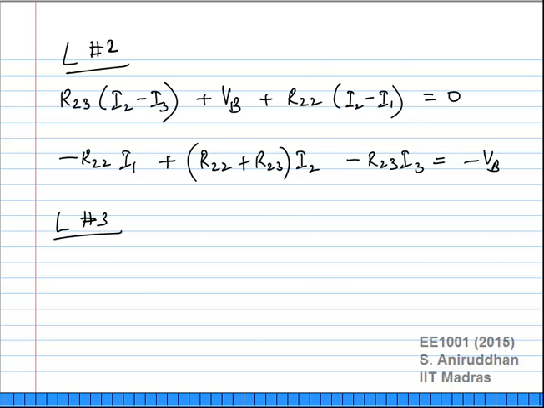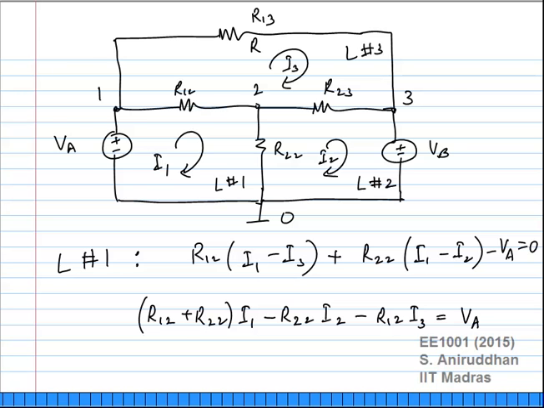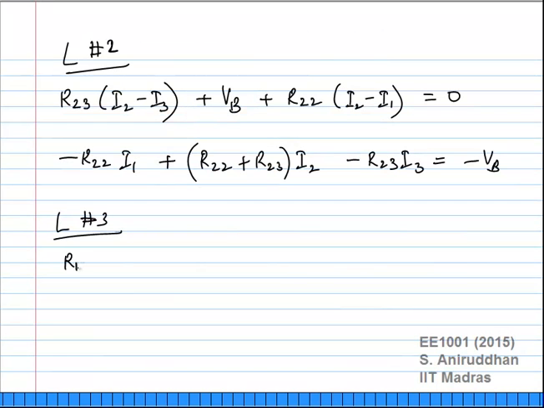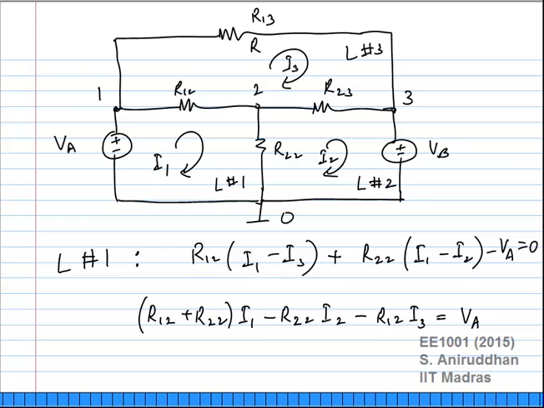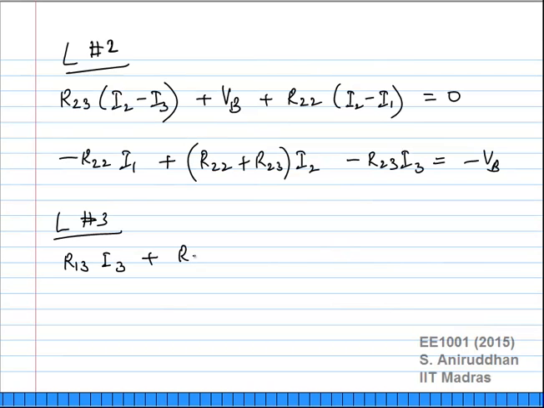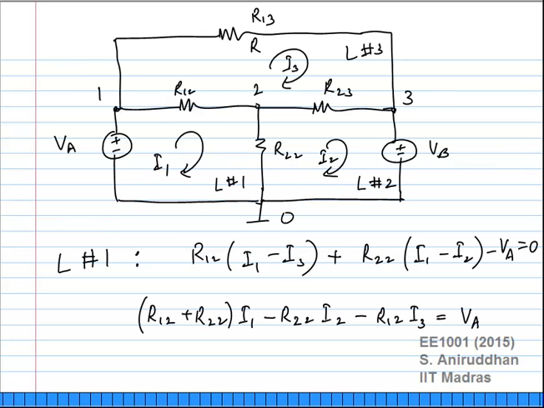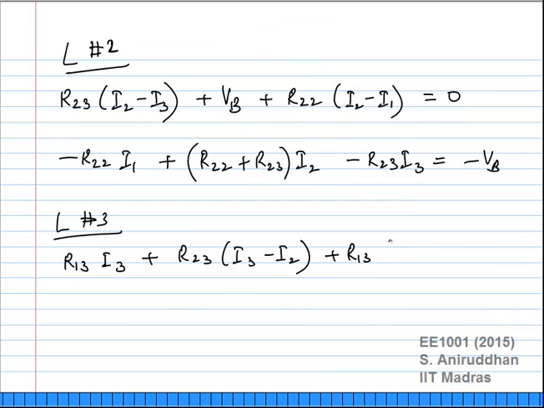And for loop number 3, I'll again start from 1 and go clockwise. R13 times I3, plus R23 times (I3 minus I2), plus R12 times (I3 minus I1).